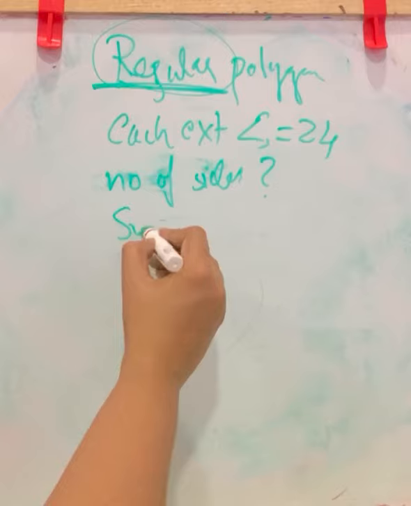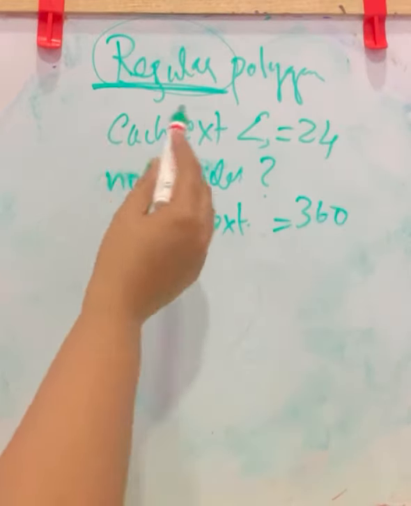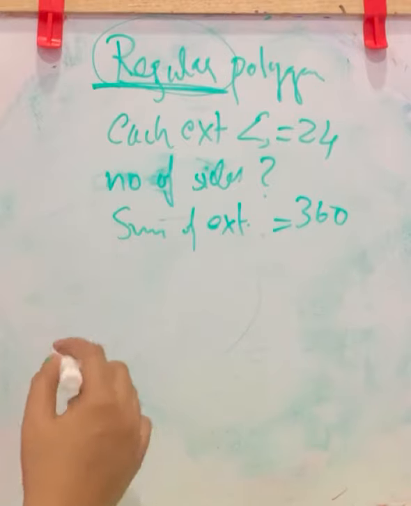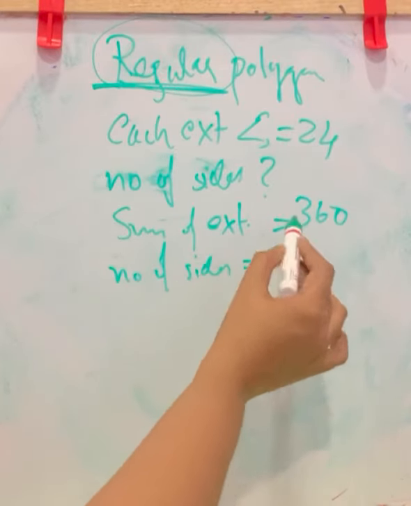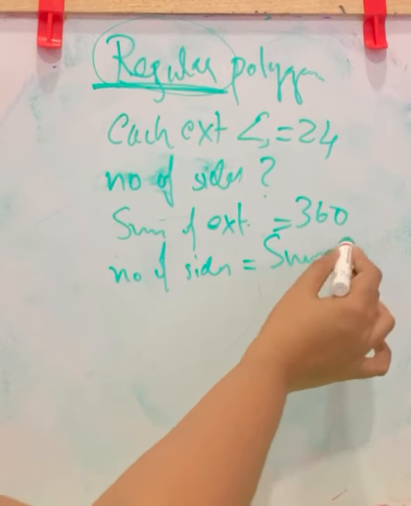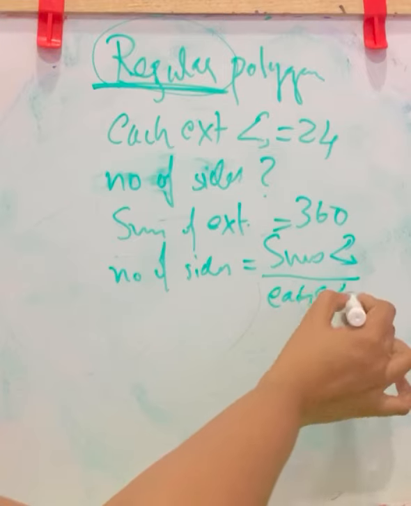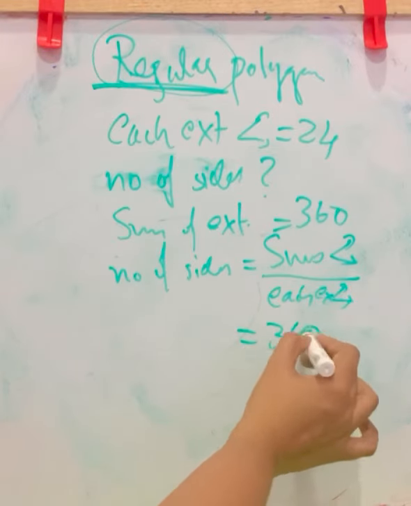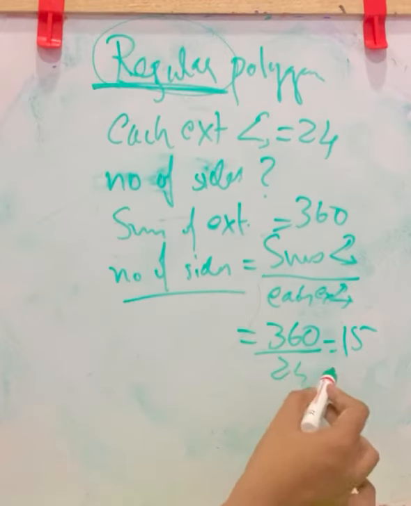We know the sum of exterior angles is 360 and each exterior angle is 24. So the number of sides is the sum of exterior angles divided by each exterior angle, that is 360 by 24, which is 15. The number of sides is 15.